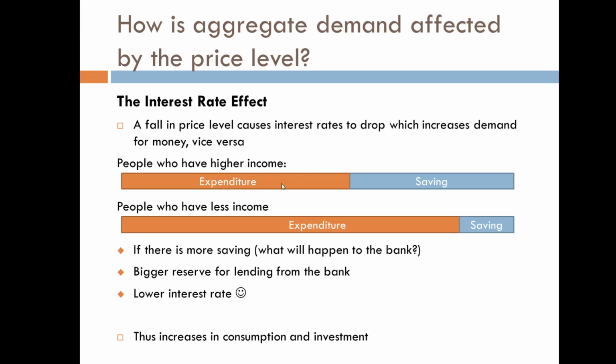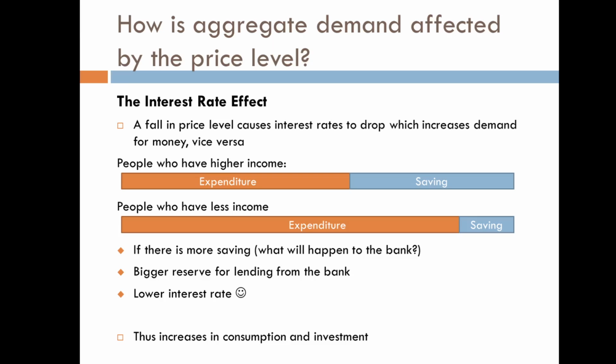This is the entire process, and that's why when you see a fall in price, there will be a lower interest rate, and there will be higher demand for consumption and investment. So that is the second reason. All right, everyone got it? Yeah, cool.